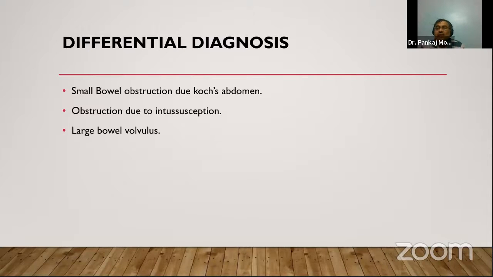Do you understand? How will you explain vomiting in that? Vomiting is mainly in case of small bowel obstruction. In case of large bowel obstruction, the vomiting is rare. That's why you have put all three diagnoses. So you should have said that in this present scenario, it will be a small bowel obstruction.